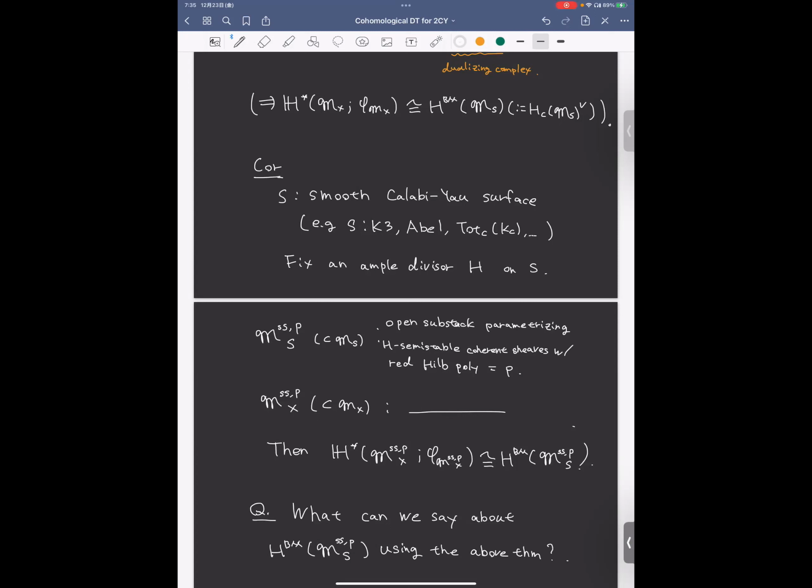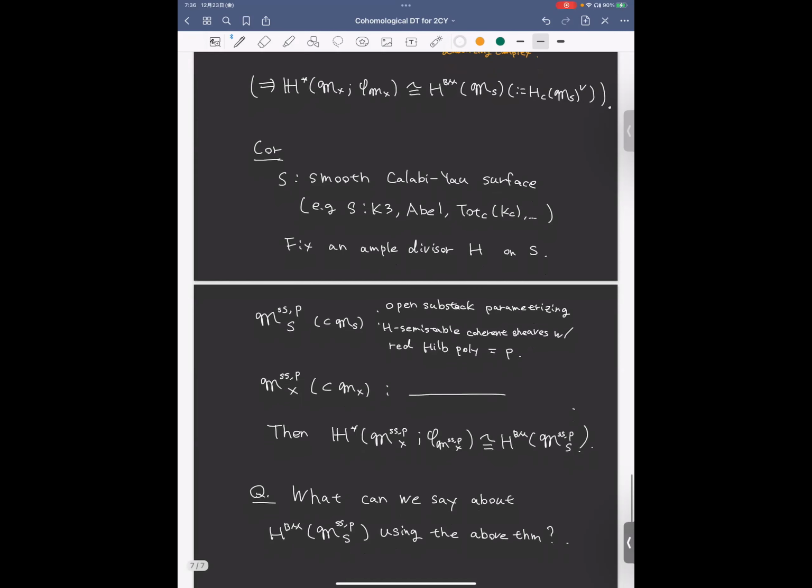So we can interpret this Borel-Moore homology group as certain cohomological DT invariants. So this is a question here.